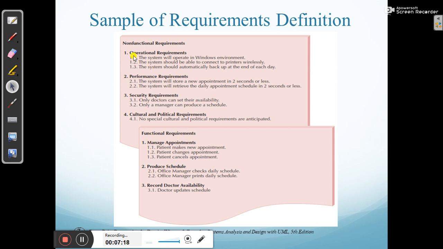Here you can see that non-functional requirements might be operational requirements, performance requirements, security requirements, cultural and political requirements, and those things we always study before developing the information system. We always try to study operational feasibility.